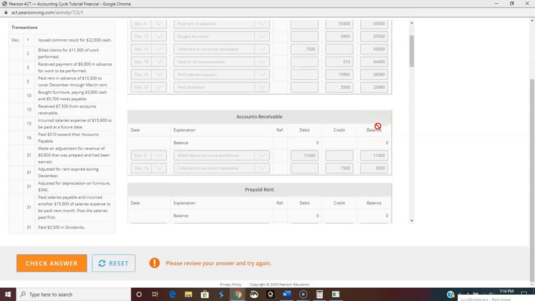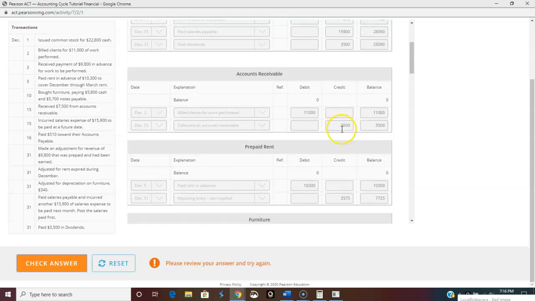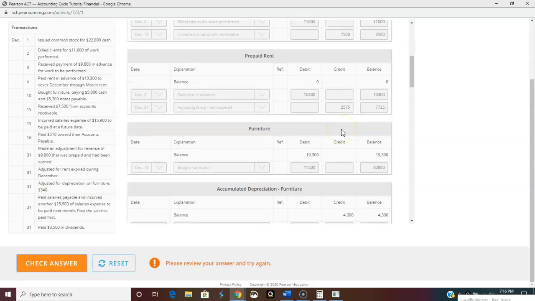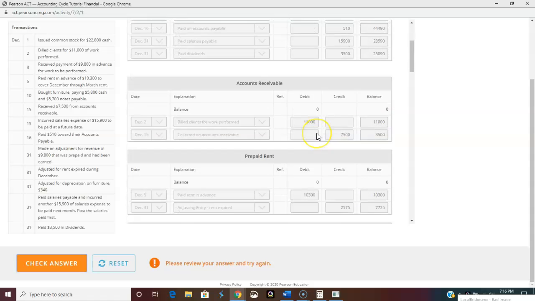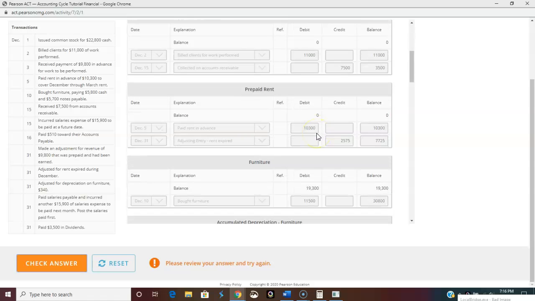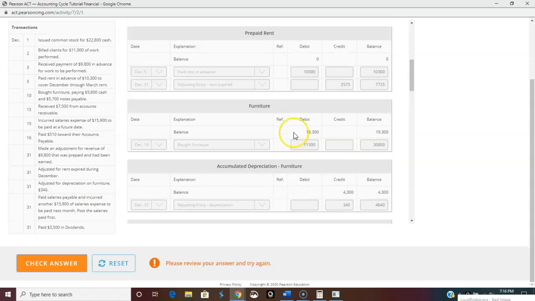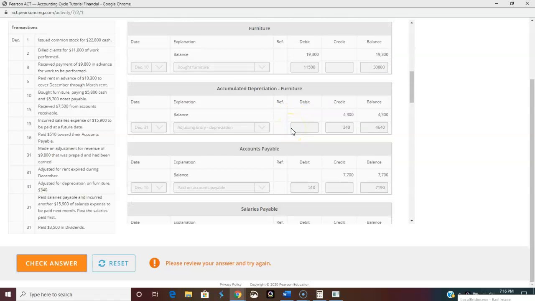All right, so cash I've got is 25,090. Accounts receivable 3,500. Prepaid rent is next, and that would be 77.25. Furniture is 30,800. Accumulated depreciation is 46.40. Accounts payable 71.90.